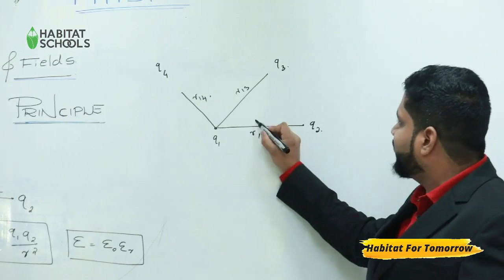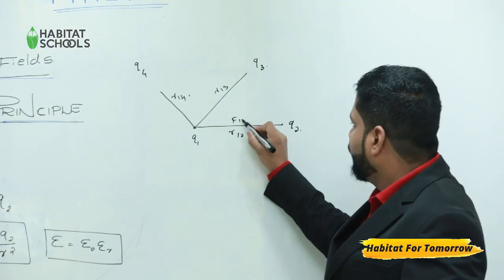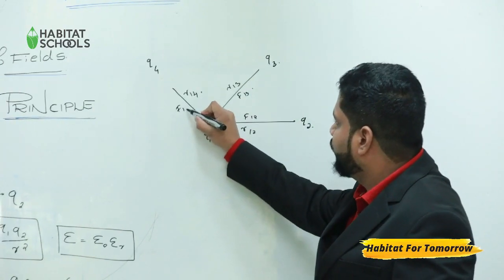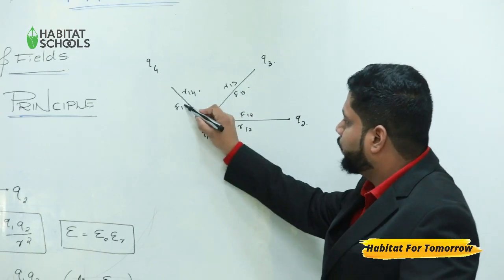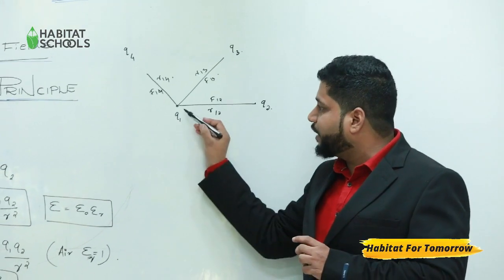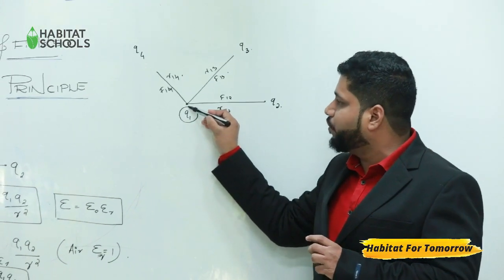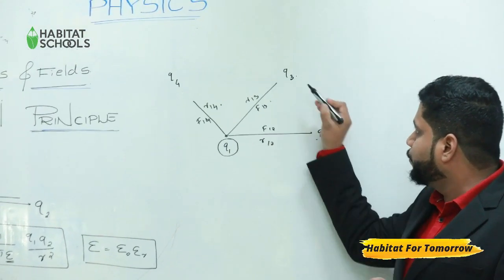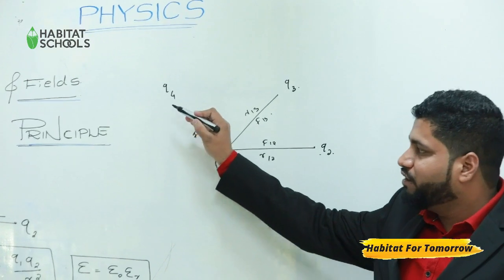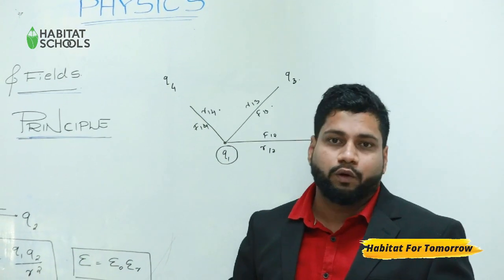According to Coulomb's law we get electrostatic forces F12, F13, F14. So my question is, how to find the total electrostatic force on Q1 due to Q2, Q3 and Q4? That time we cannot use Coulomb's law.